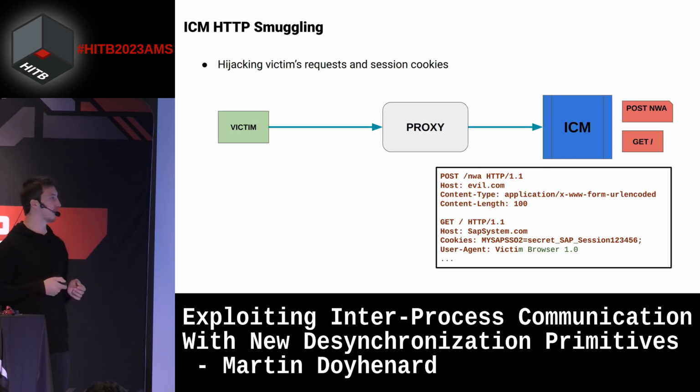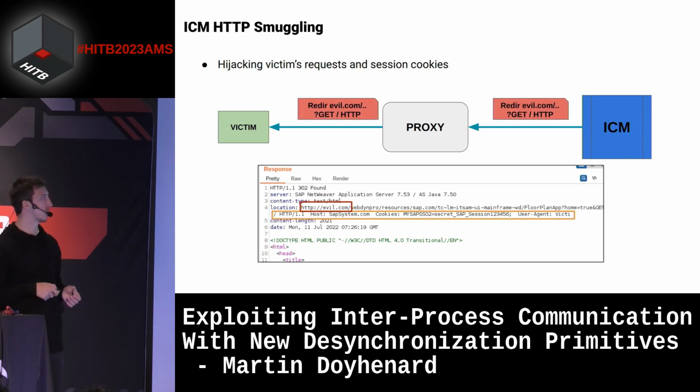And now, if you remember, the response that is going to be issued is to NWA. It will use the host that we injected, evil.com. So it will redirect anyone to evil.com. And it will reflect these 100 bytes, which actually contain the original request from the victim, in the query string of the redirection.